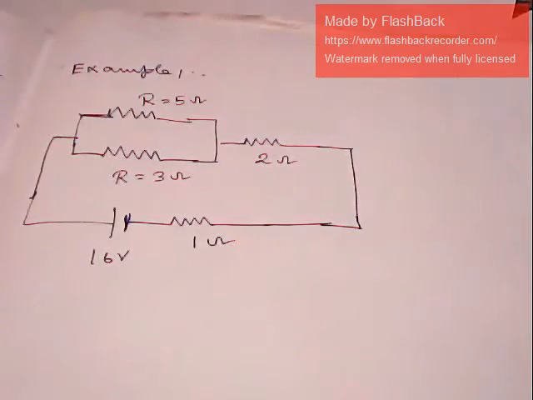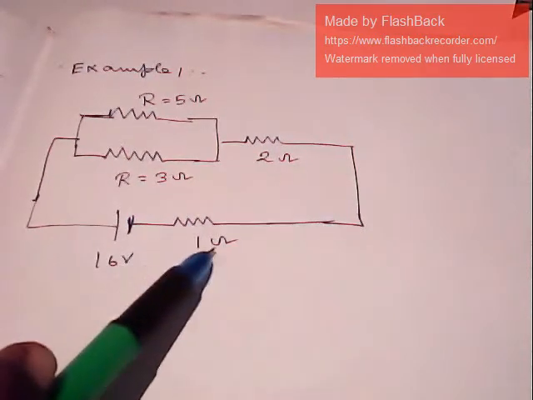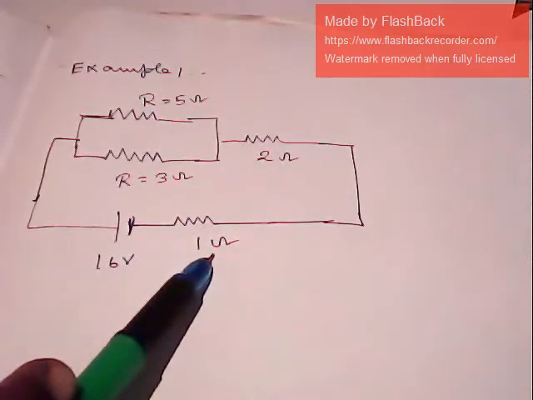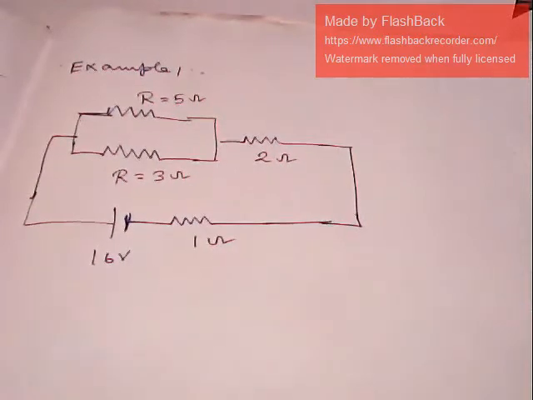In this example, we have a network of resistors connected to a 16-volt battery, and here this 1 ohm resistor is the internal resistance of this battery.